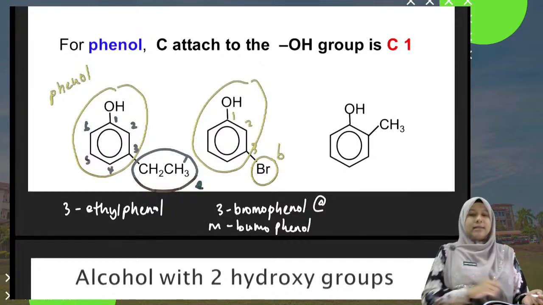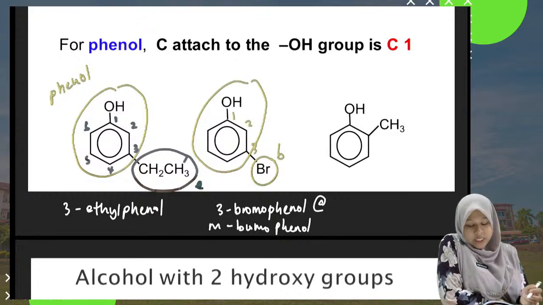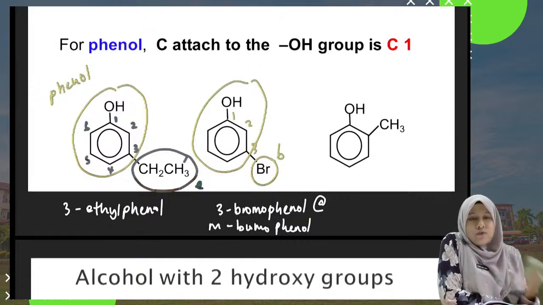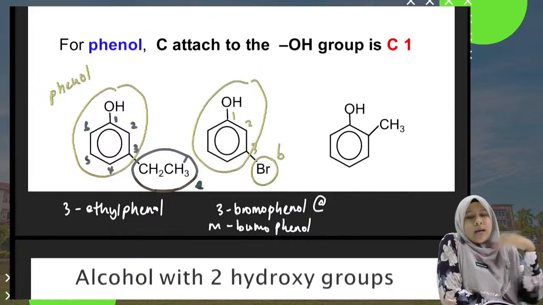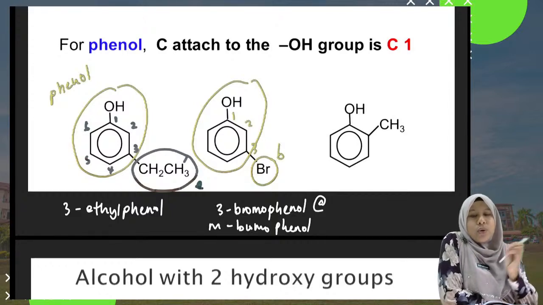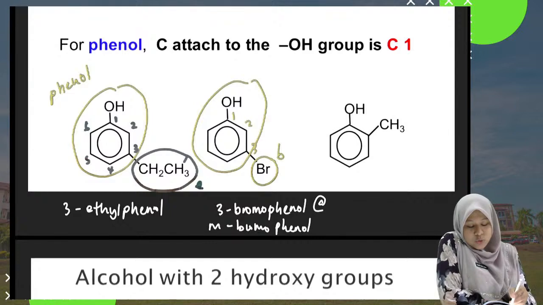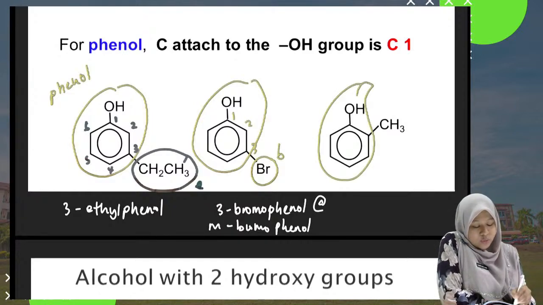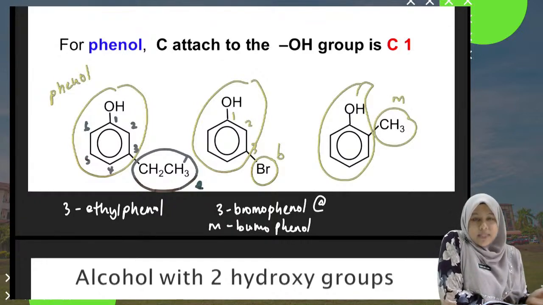And the third structure, we have OH and CH3. Based on what we have learned in benzene, for the naming of benzene, we have to consider the priority of the substituent. So OH and CH3, OH is higher in priority. So OH attached to benzene we call phenol. So CH3 will be the substituent.